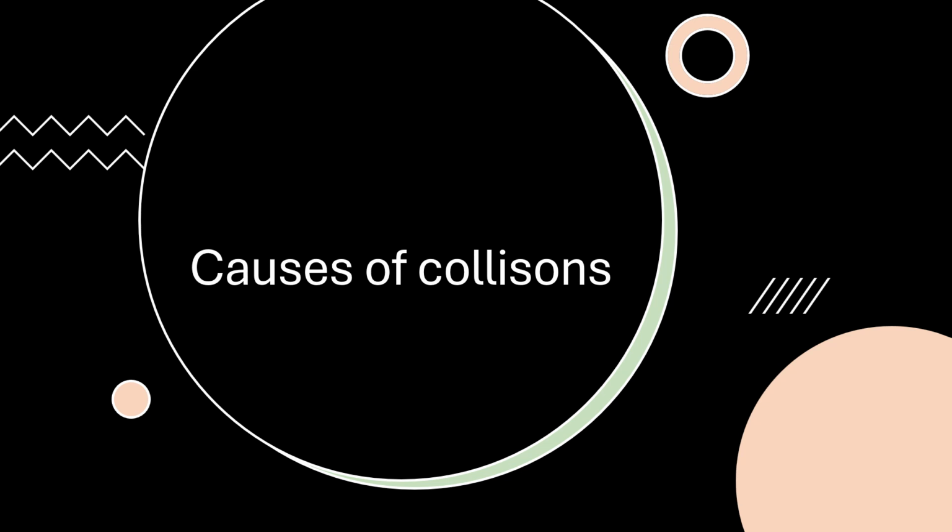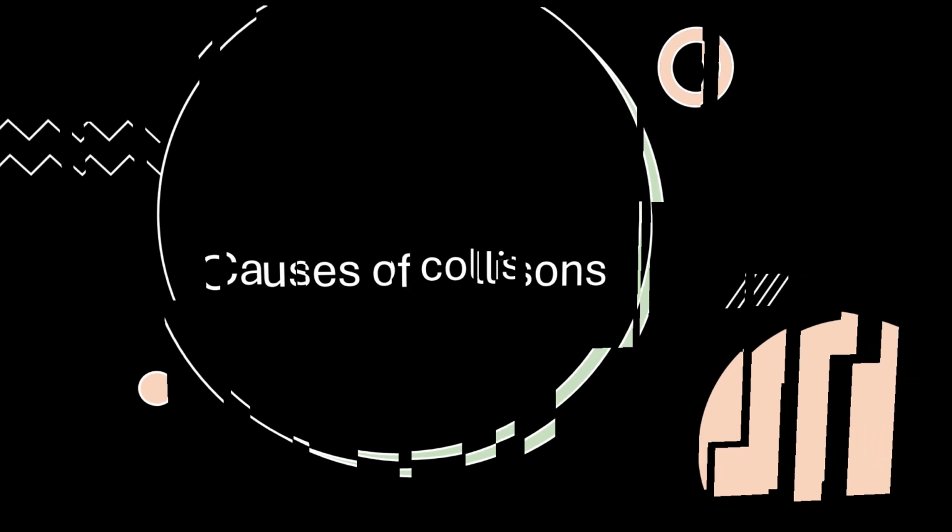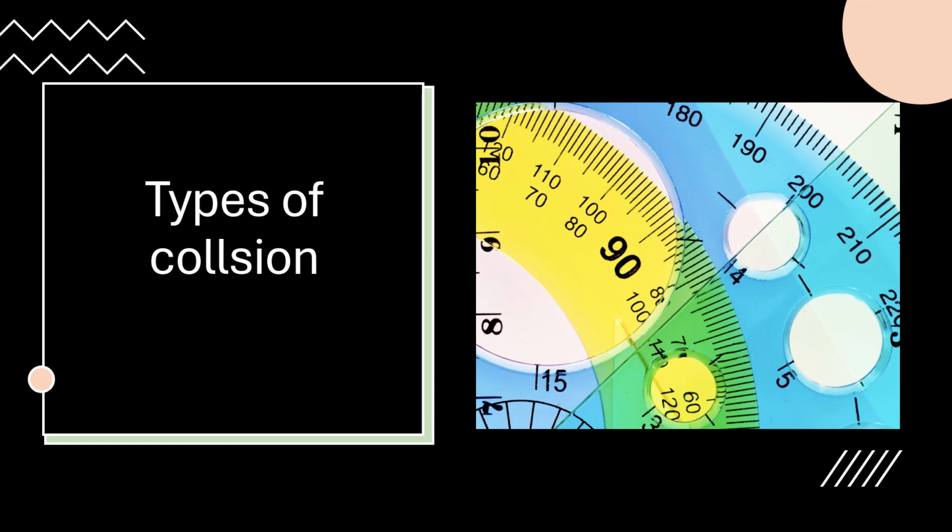The types of collision are differentiated on the basis of the conservation of energy principle and the direction of colliding bodies before the collision. The types of collisions are categorized under two categories. One, based on the conservation of energy principle. In this section, the types of collisions are differentiated based on the law of conservation of energy and conservation of momentum during the collision.